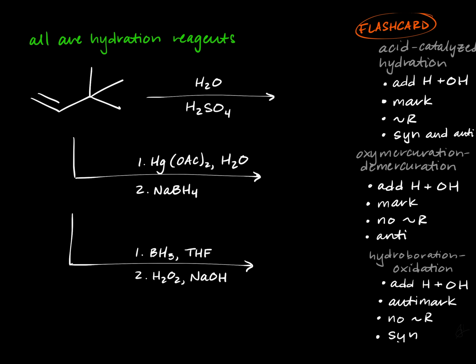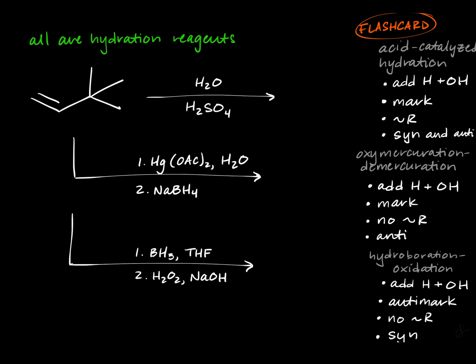Another way you can remember that these are hydration reagents is, again, the reagents kind of give it to you. So this is H₂O, H and OH. This also says H₂O, H and OH. This doesn't have H₂O anywhere, but you can remember BAM, or you can just remember when you see these borons, they mean hydration reagents.